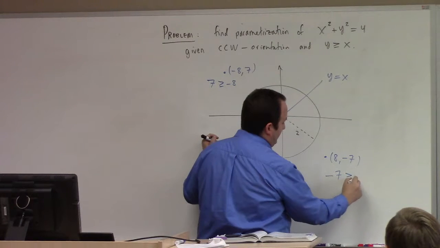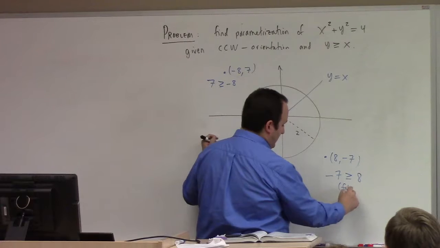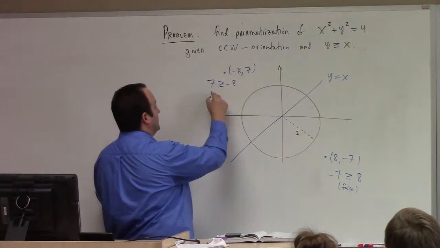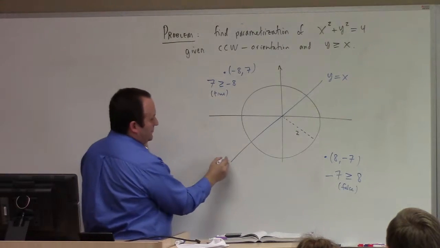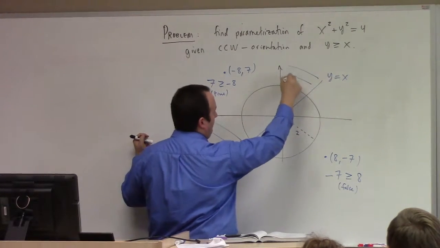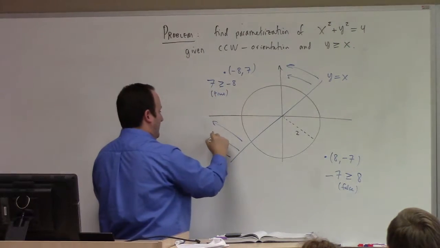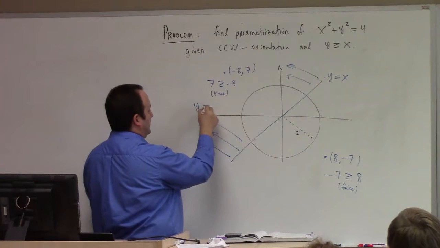Compare that. Is that greater than or equal to 8? So false, right? True. So in other words, this inequality puts you in this upper half plane. That's where y is greater than or equal to x over here.